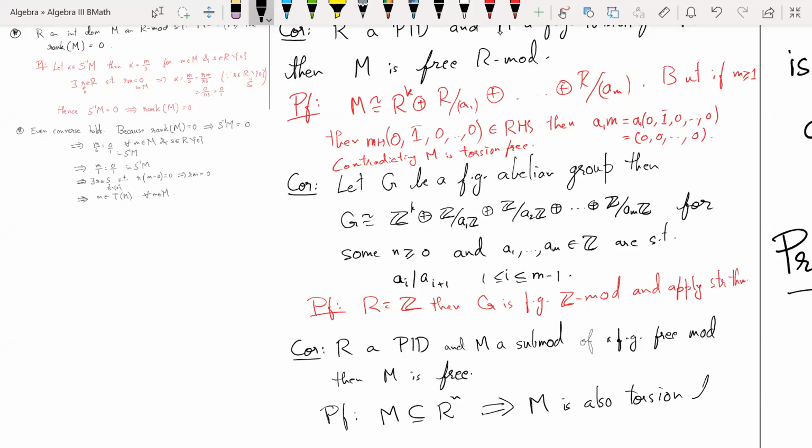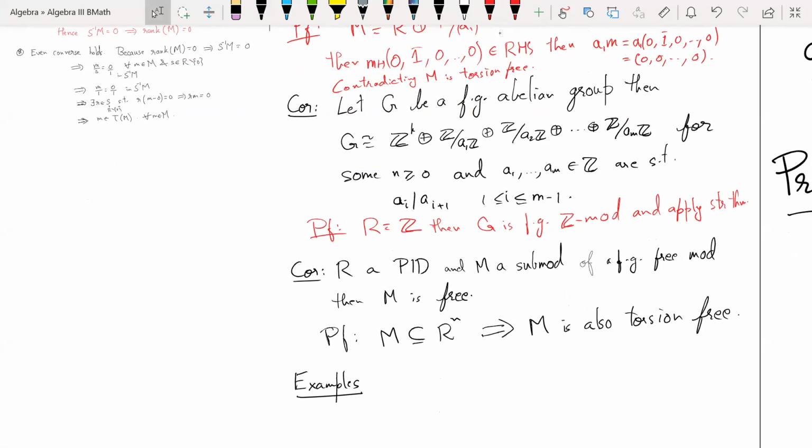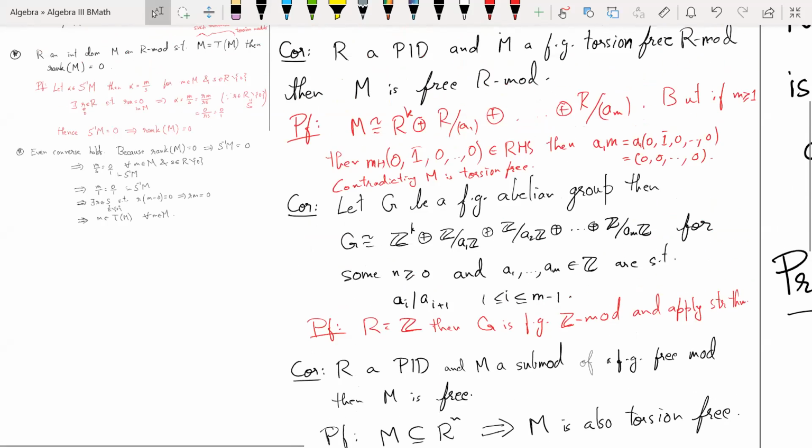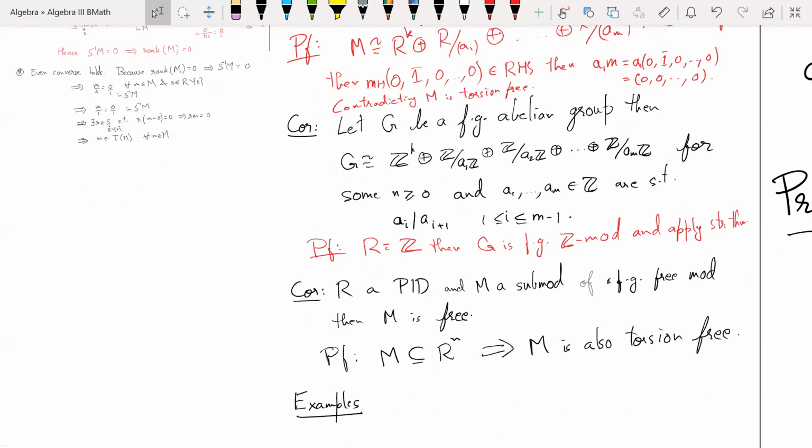A submodule of a torsion free module has to be torsion free, right? And M is torsion free, and there's another hypothesis: M should be finitely generated. Why is M finitely generated? That is Noetherian. R is a PID, so in particular Noetherian.